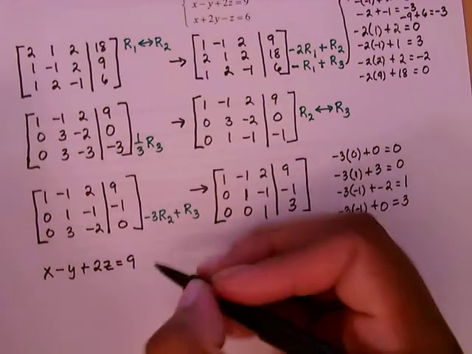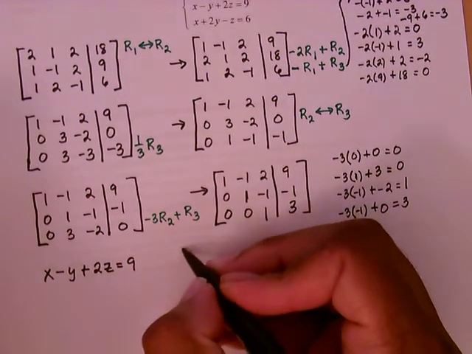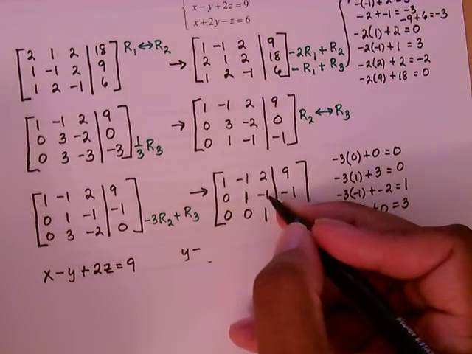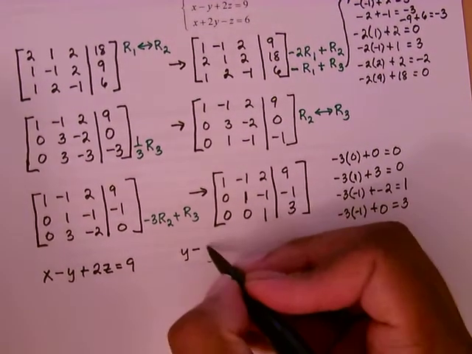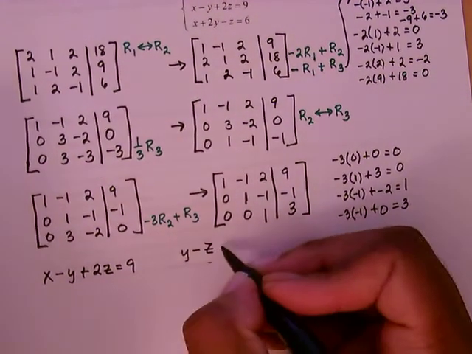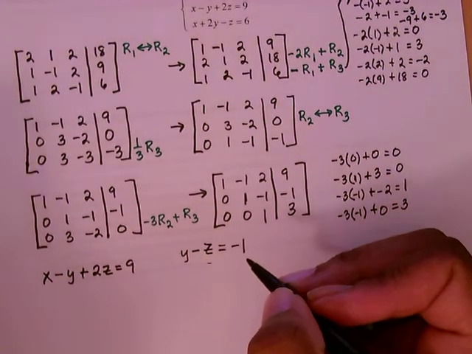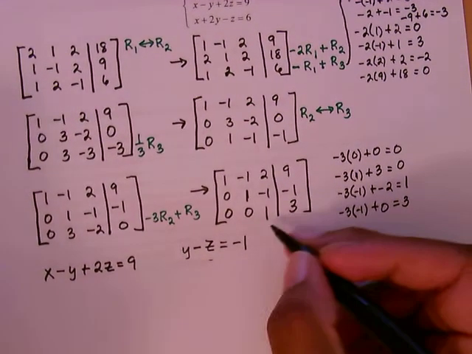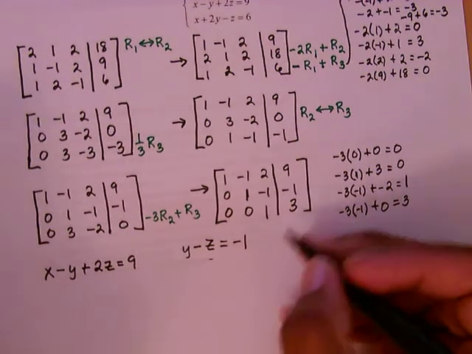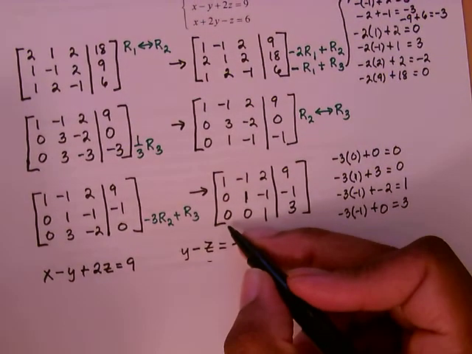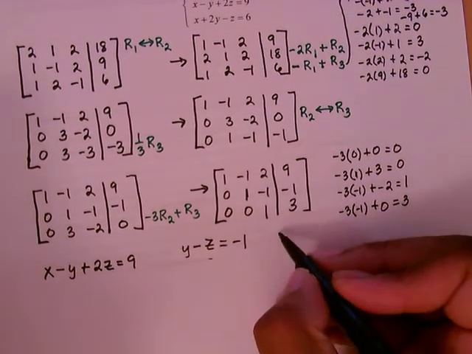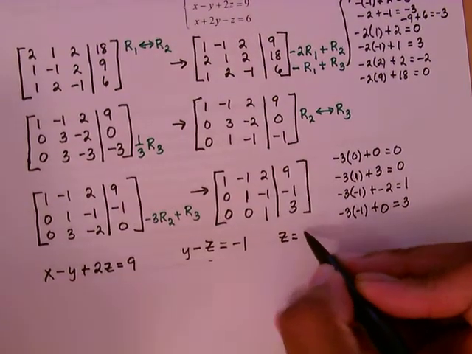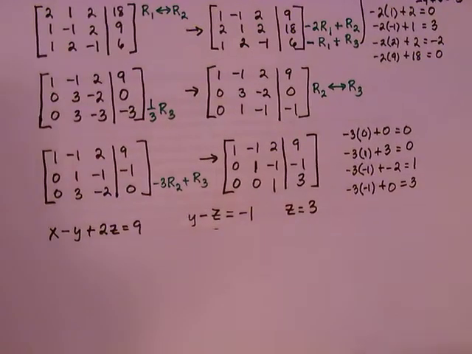But this 1 is the coefficient of y, so it'll be y minus 1z, or just z, equals negative 1. Now the last row: 0x, 0y, 1z, or just z, equals 3. So I know what z is equal to. z is equal to 3.